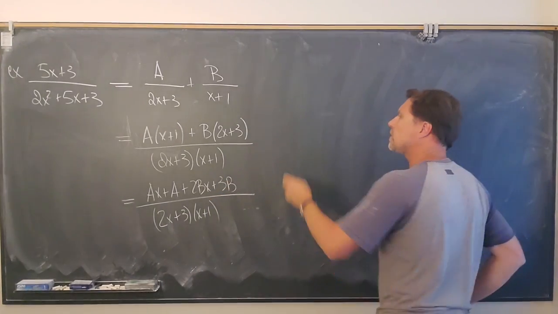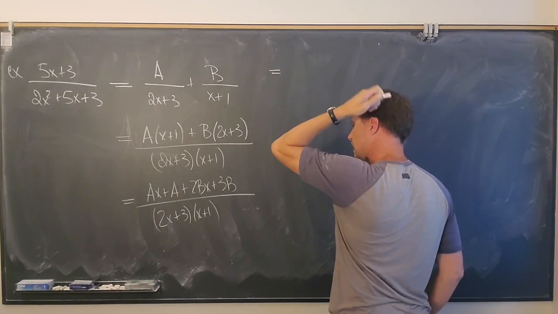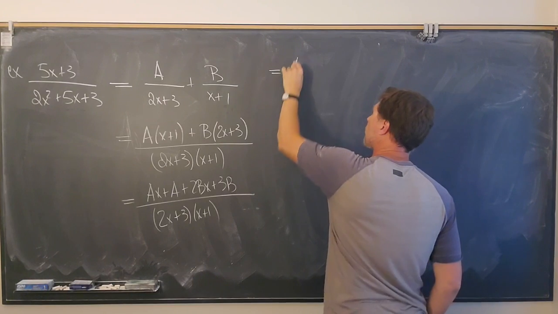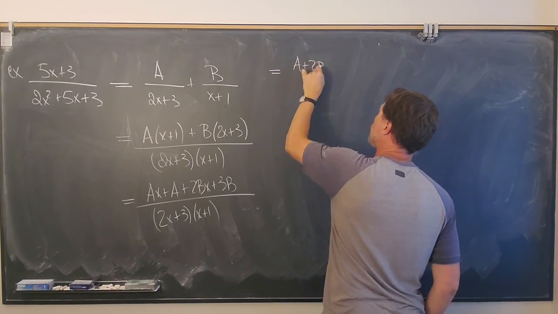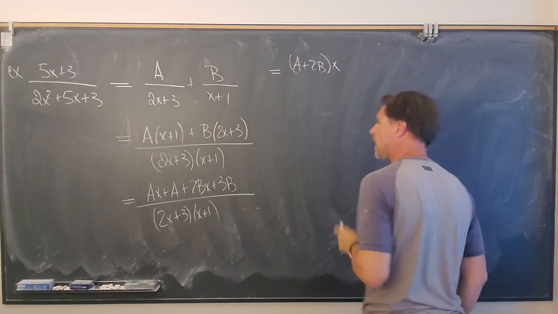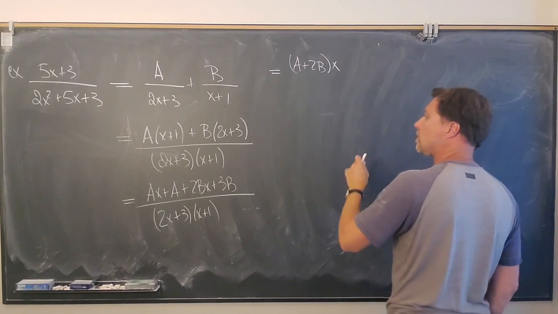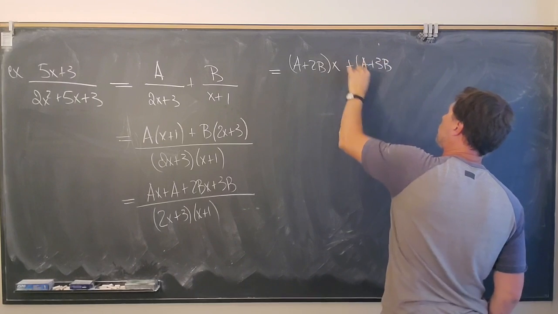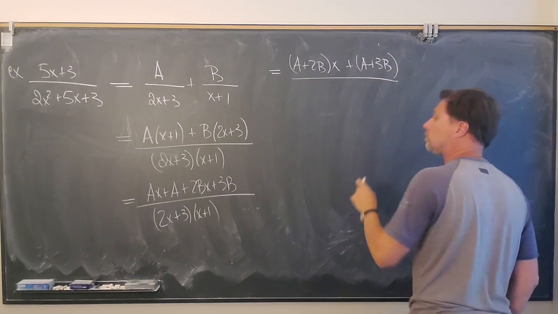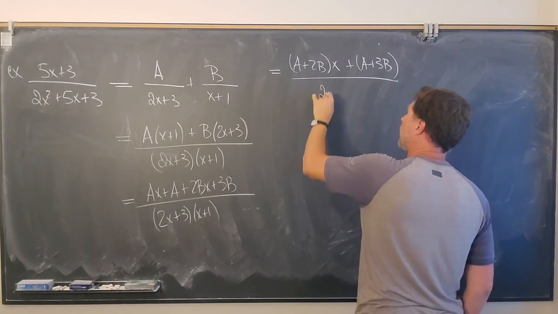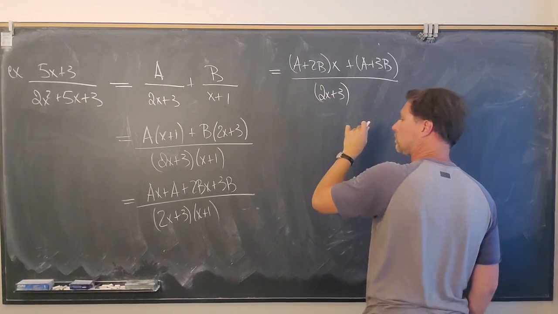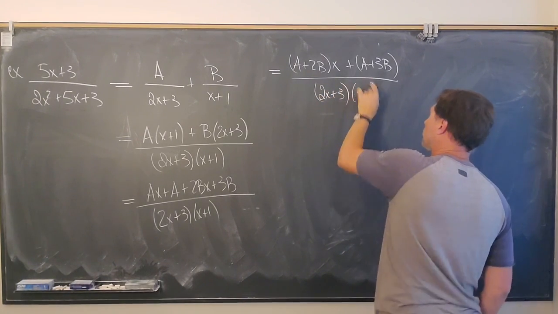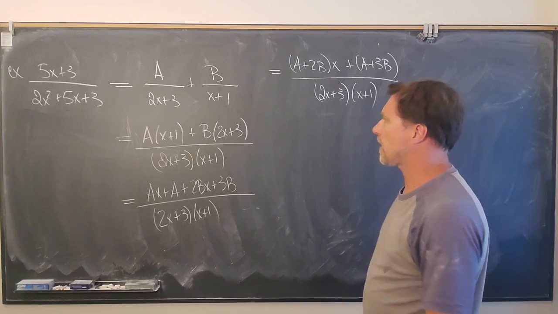I want to group those together. So what I'll get is (a plus 2b) times x plus (a plus 3b), all over (2x plus 3)(x plus 1).